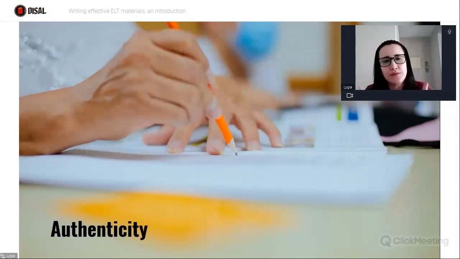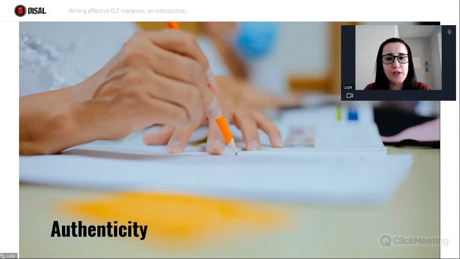And how can this be achieved? Well, through pictures, through photographs, by the way different texts are designed. All of this is related to authenticity.